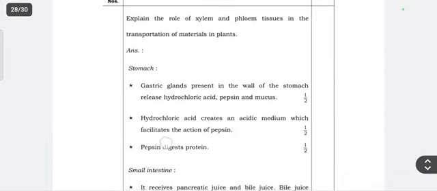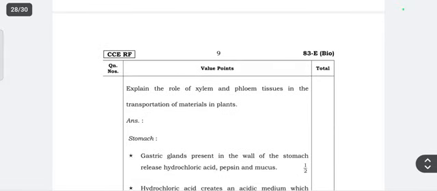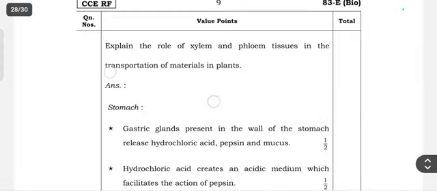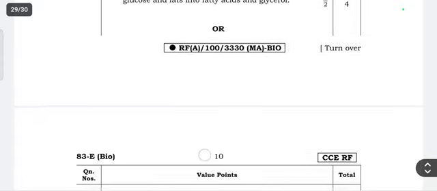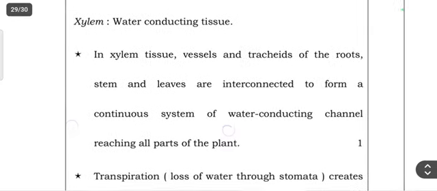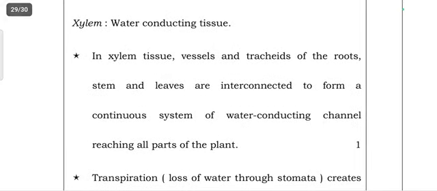Explain the function of the stomach and small intestine. Here our question is given, or explain the role of xylem and phloem tissue. So how to write? Check it out. Write point wise. So xylem. Xylem is a water conducting tissue.